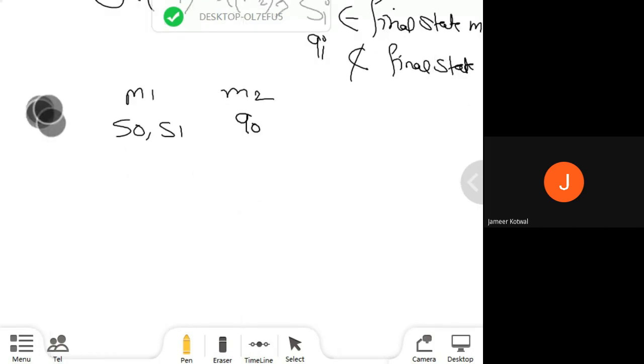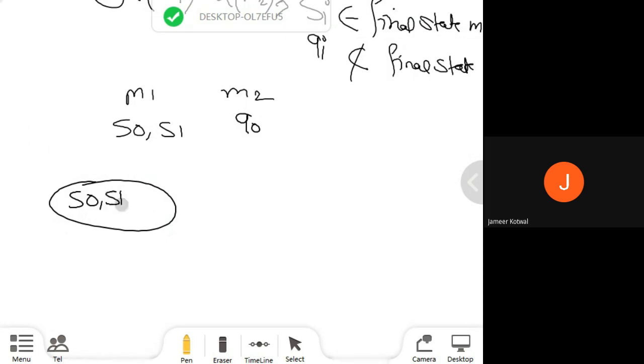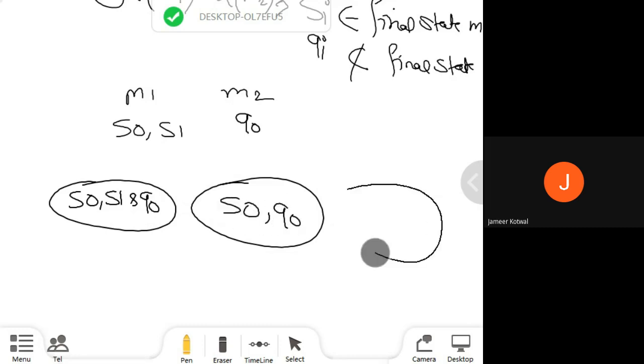So if the state appears in this way, that is S0, S1 and Q0, this will be one state. Consider this will be a state that is just S0 Q0, and consider this will be the state S1 Q0. So these all three are final states. It says the final state from machine M1, also the final state from machine M2.